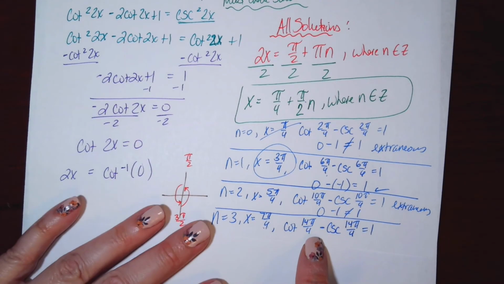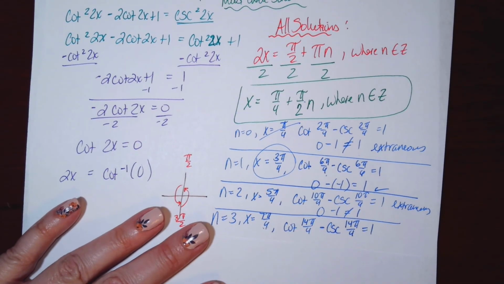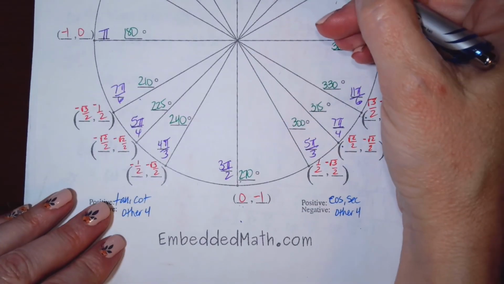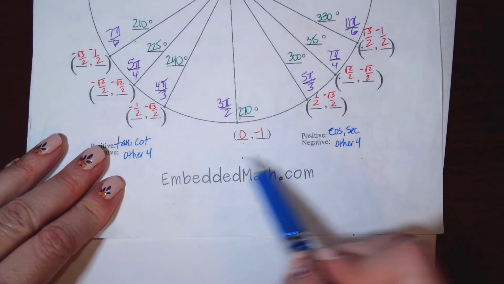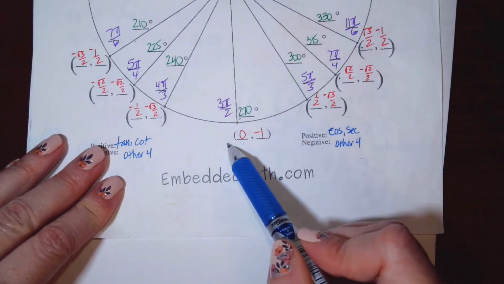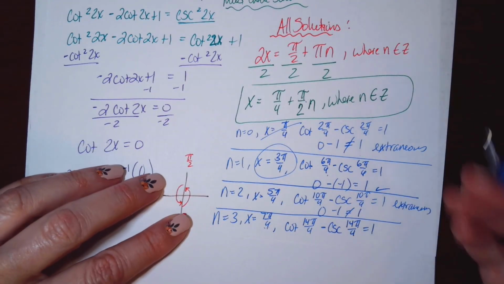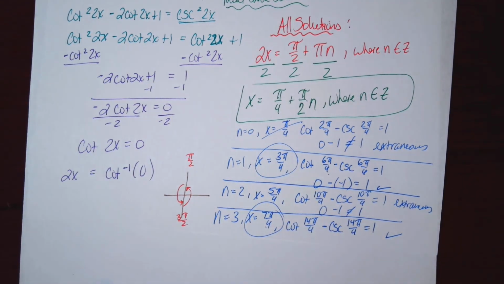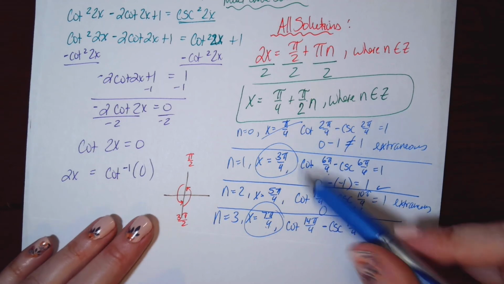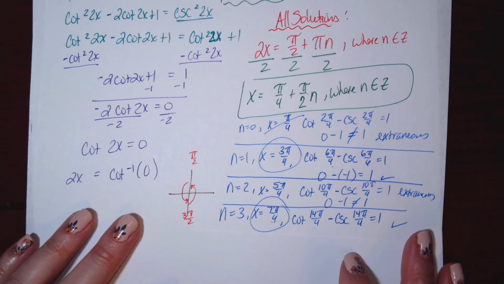Well, where is that? That simplifies to 7 pi halves. Pi half, 3 pi half, 5 pi half, 7 pi half. And when we checked this termination point before, that's the one that worked. So that is another angle that is within that interval. So these two angles work out to be solutions to my equation.